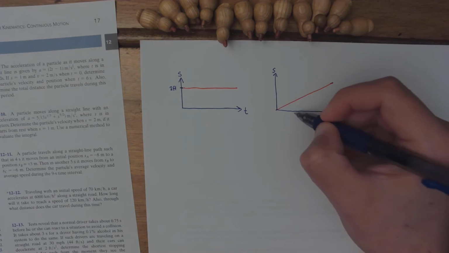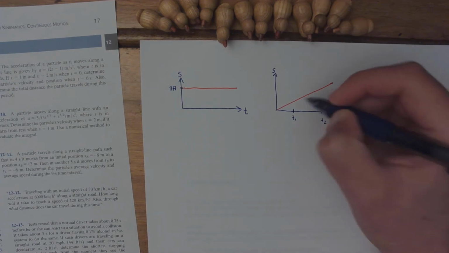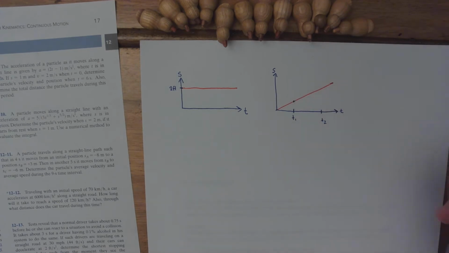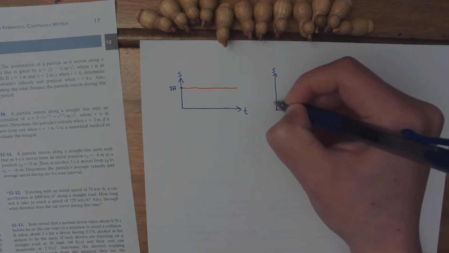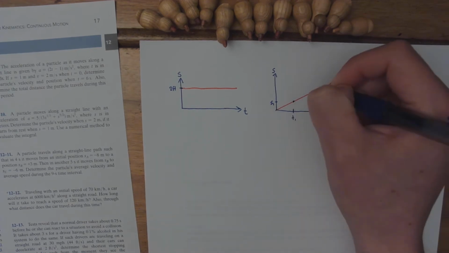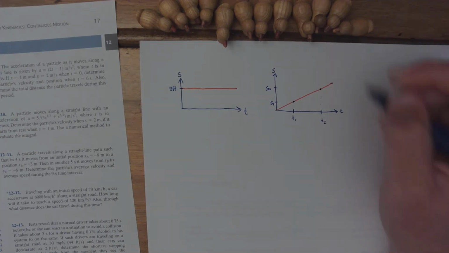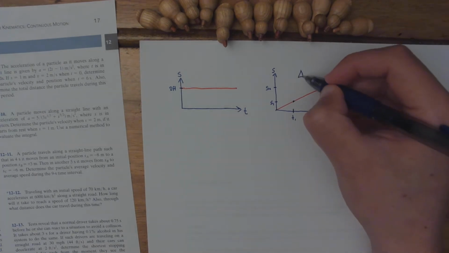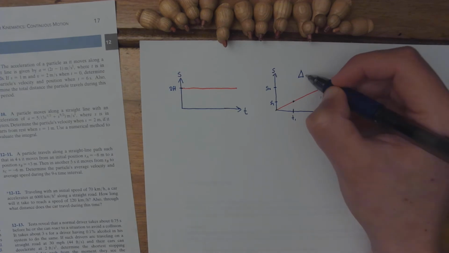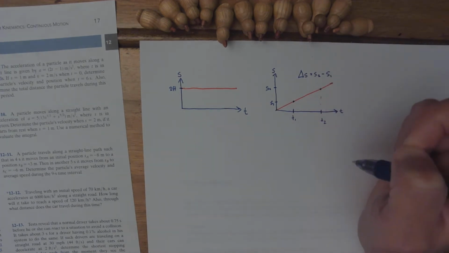You could pick 2 points, so let's just say here we have T1, here we have T2, and you could find the position, we'll call that S1 at T1, and the position S2 at T2, and then the displacement is S2 minus S1, which is the same as the total distance traveled.